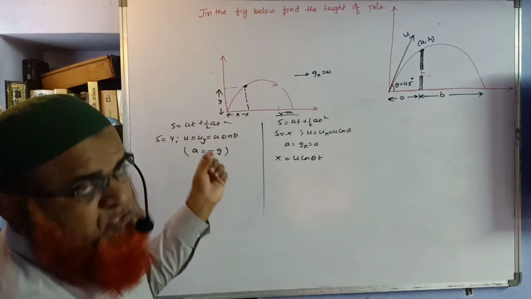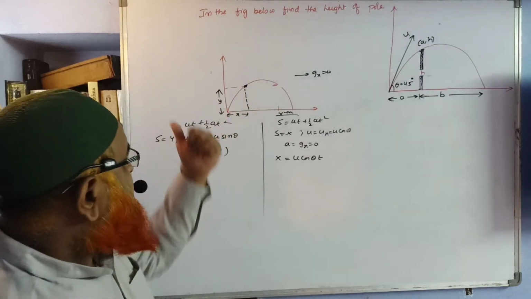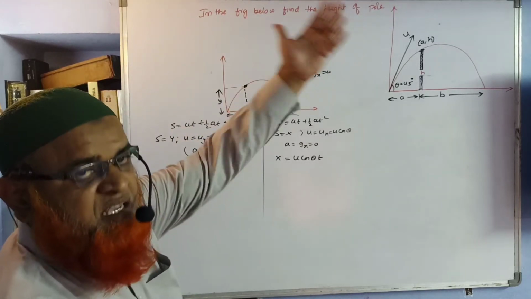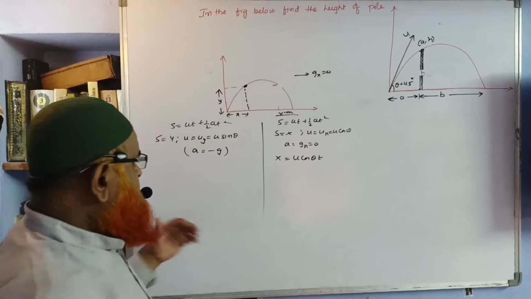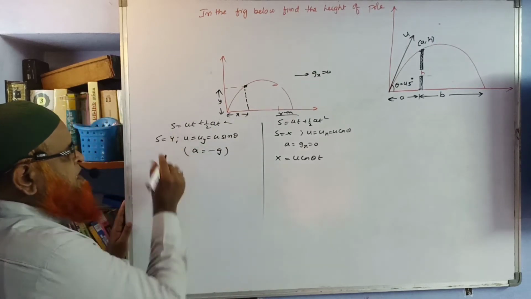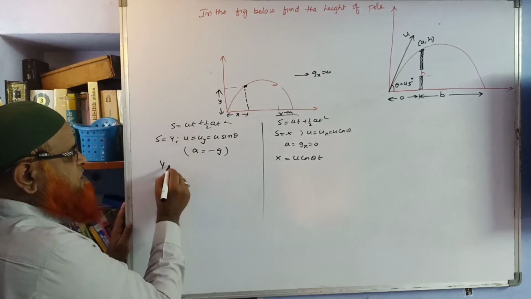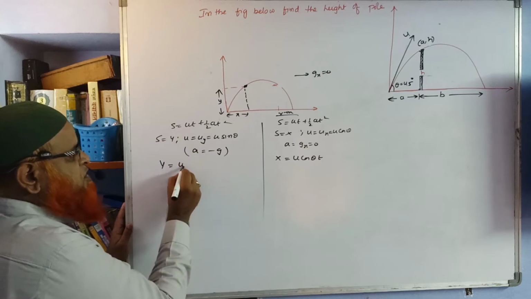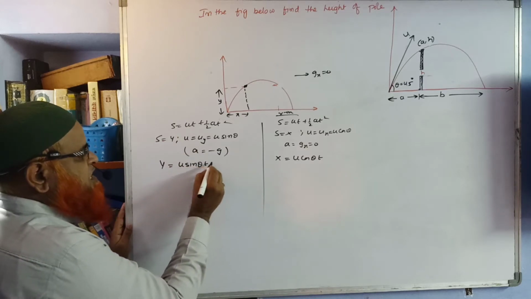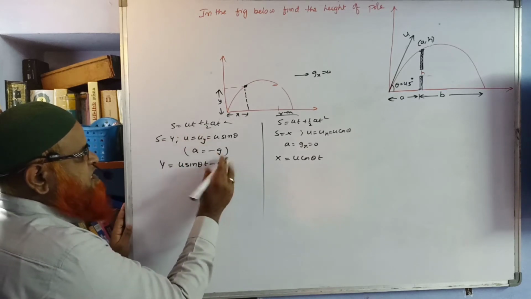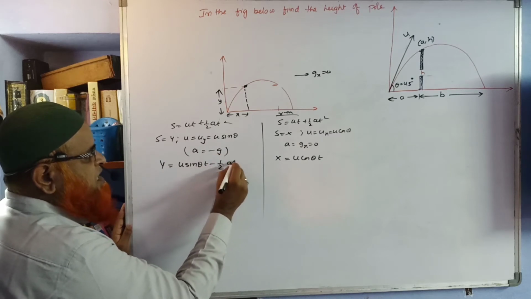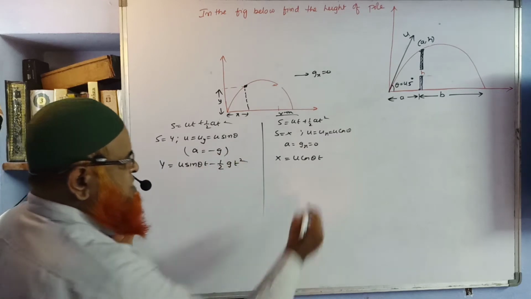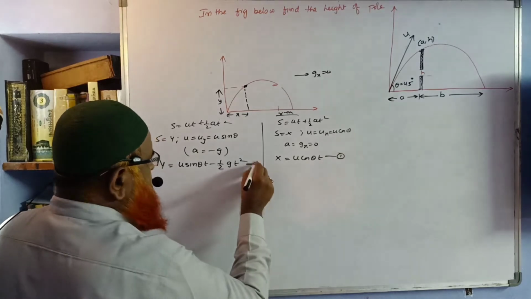As the body is thrown upwards, a is considered to be minus g here. Got the point now? So let us see what is going to happen here. You just replace s with y, and u with u sin θ into t. a means minus g, so you can write this as minus half g t² here. So this is 1 and this is going to be 2 here.